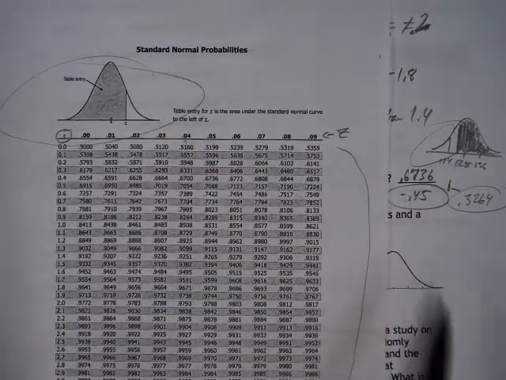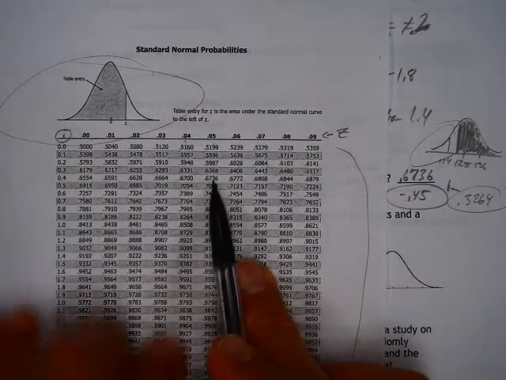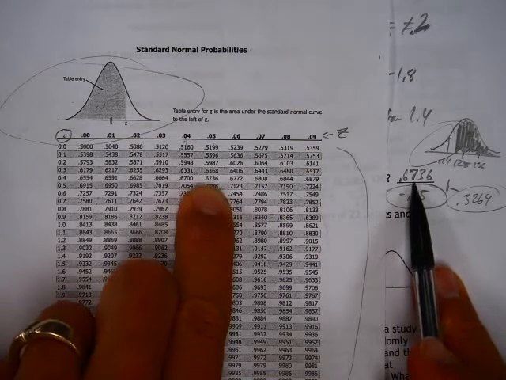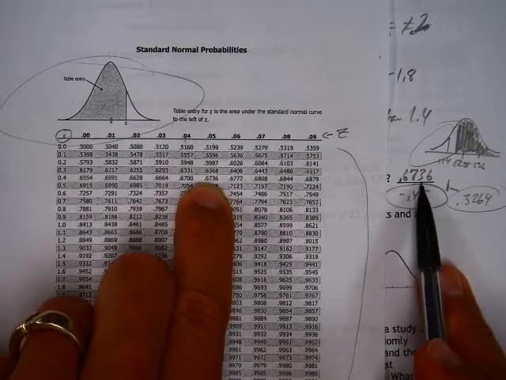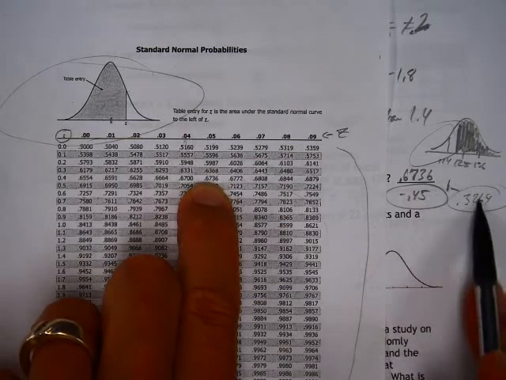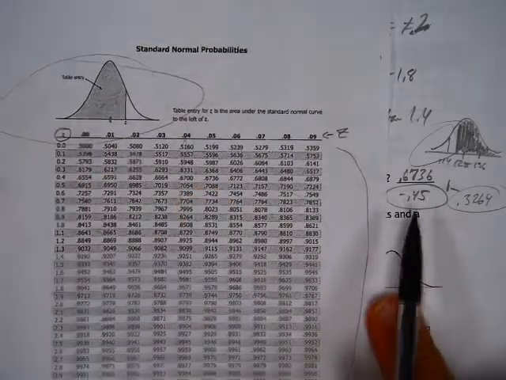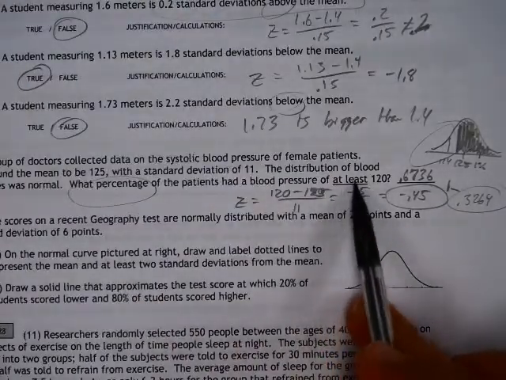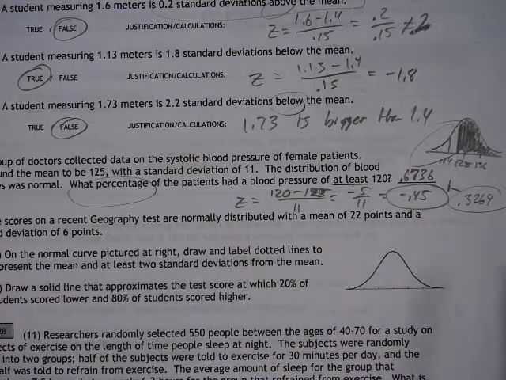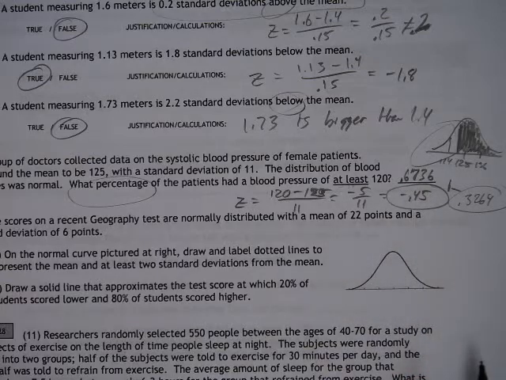If you look up 0.45 on this table, 0.4 and over to 5, and you line that up, look at this number right here and compare it to the answer. 0.6736 is the same answer you get if you look up the negative one, which you should have looked up, and subtract it from 1. That only works to change the sign of the z-score if you're looking for at least a number or more than a number, because you're looking at the opposite side. And so that's just a little handy dandy trusty dusty thing. Don't let that throw you off. But there you go.